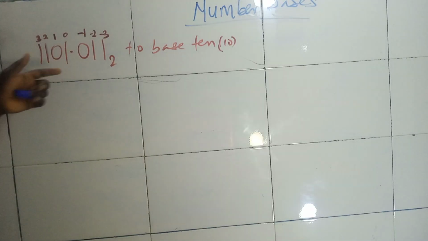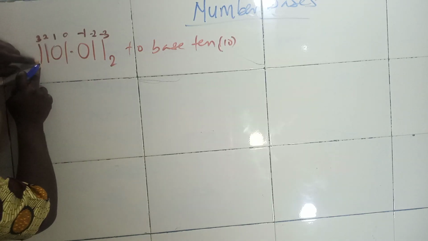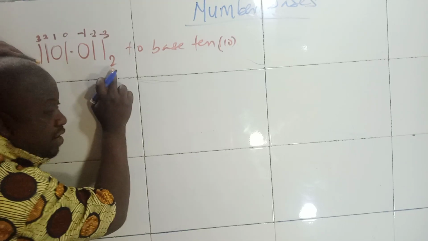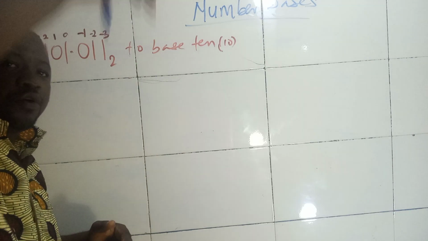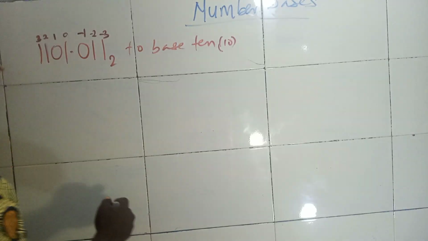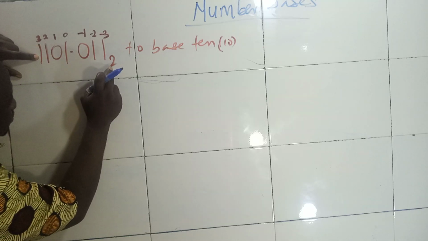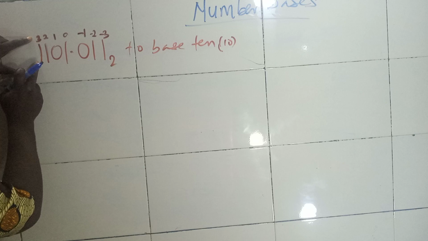So for us to now simplify, this one will now be this number times the subscript, the base, that's what they call subscript. Power is what we call superscript or exponent. So we have 1 times the subscript raised to what is above the 1. That will be the power.